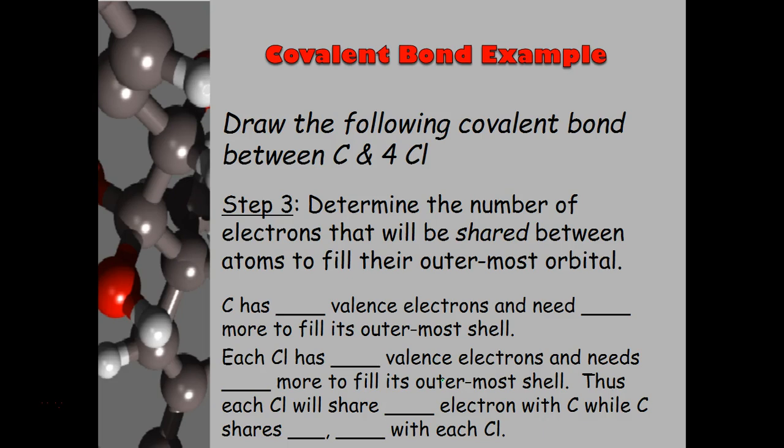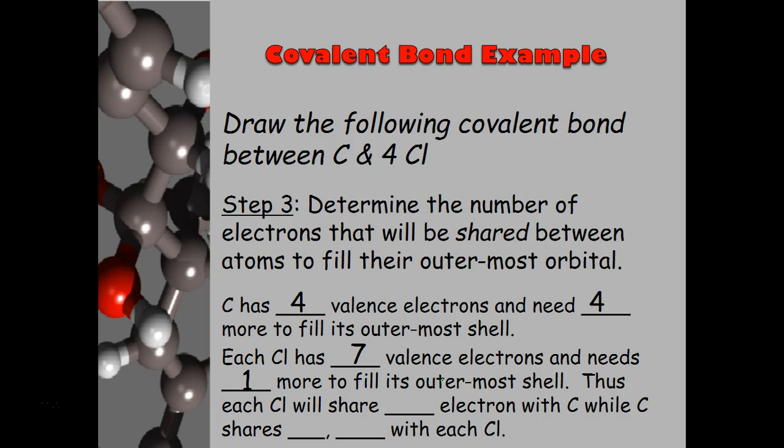Okay. So carbon, we said, has 4 valence. What does that mean? That means it needs a total of 4 more in order to fill its valence shell, right? We need to get to 8. So each chlorine, it's got 7. We determined in the last example, and it will hold true here as well, that each of them needs 1 to fill its valence shell.